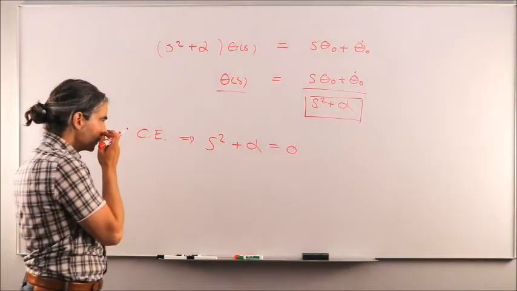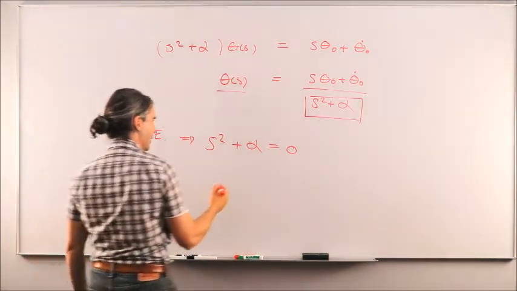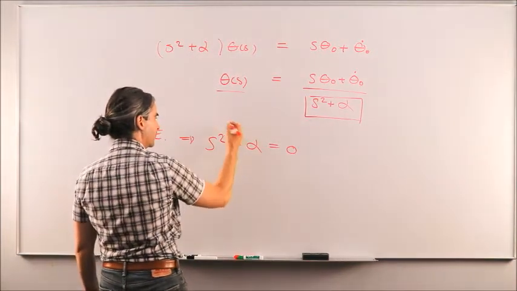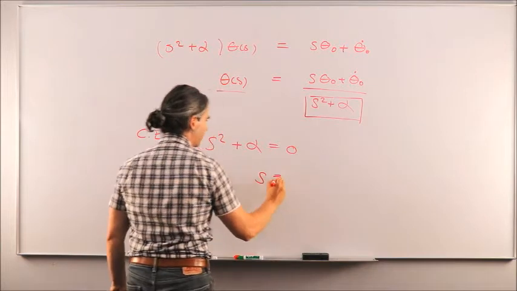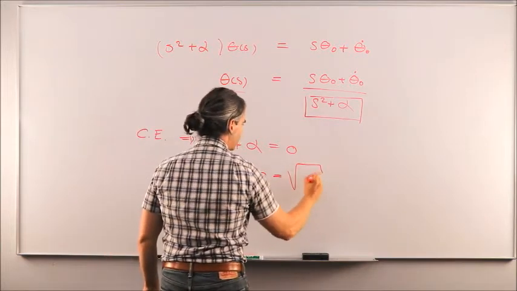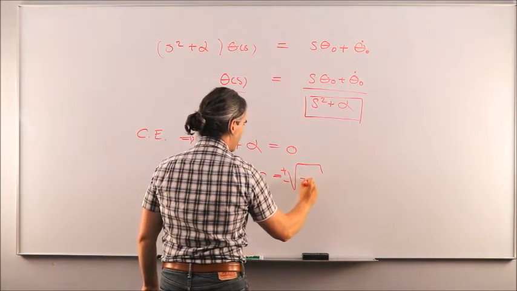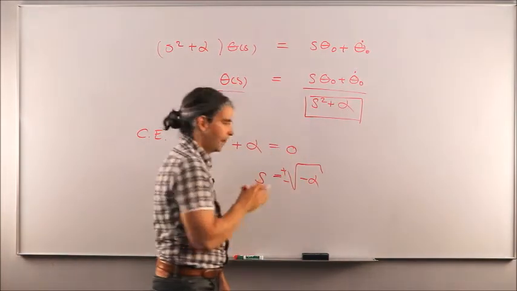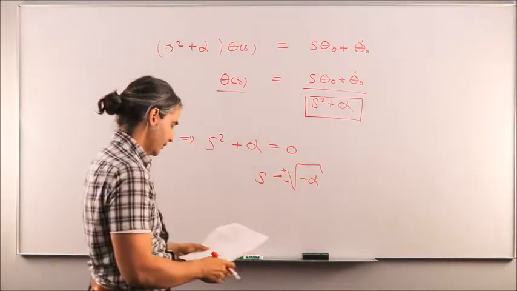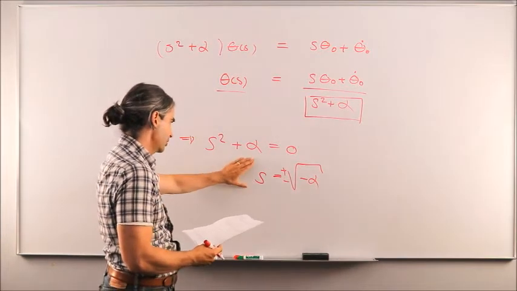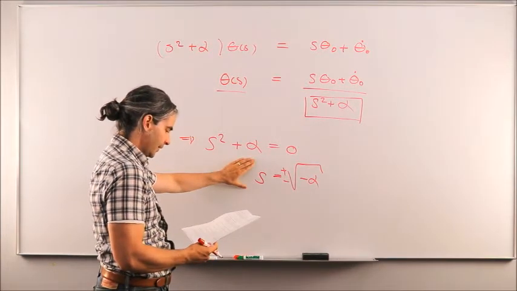From there, extract the poles by solving this characteristic equation for the s variable, which is going to be plus or minus the square root of minus alpha. Haven't we seen that in the past? Yes, we did, in the spin stabilization technique.